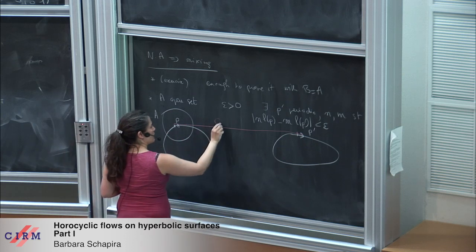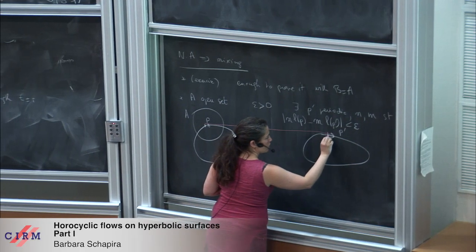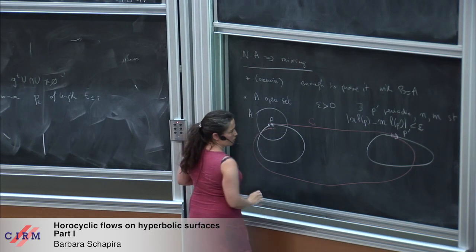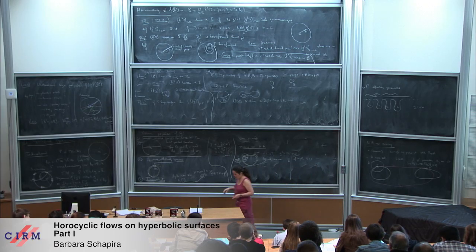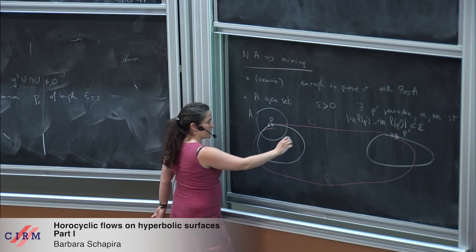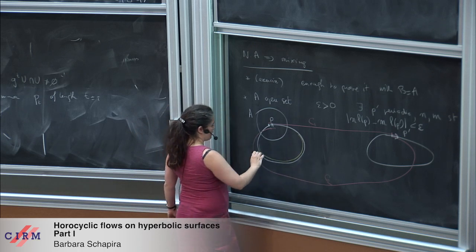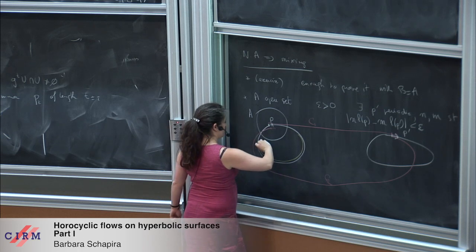This one is fixed. It has length, let's say, C1. And you can find another orbit which goes from p prime to p. This one is also fixed. It has length C2. And then you will turn around the periodic orbits as long as necessary. So you go along the negative path of p, and then by the local product structure, you glue the path of p with this piece of orbit.